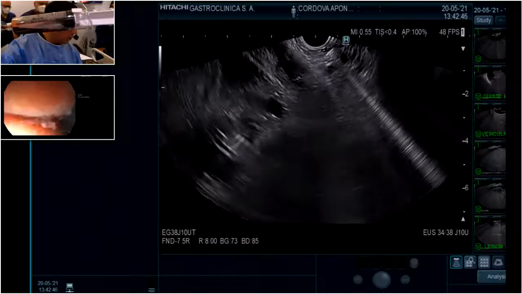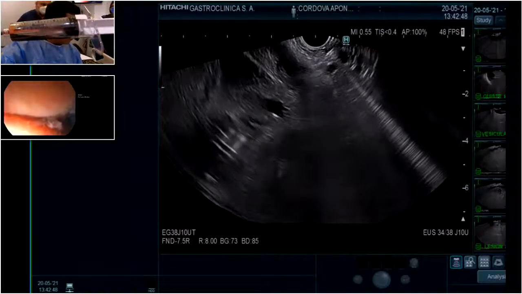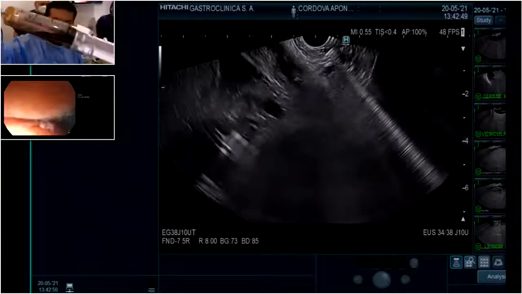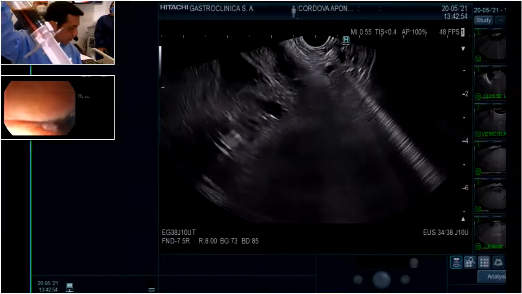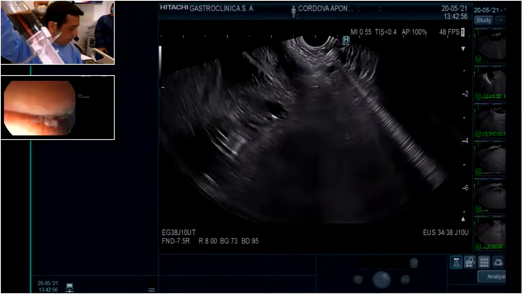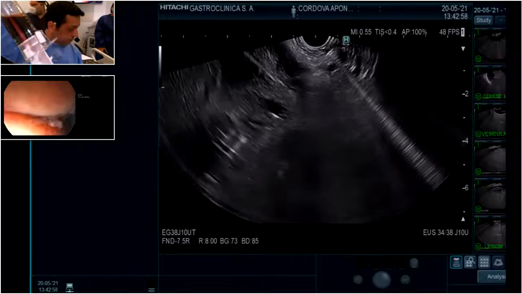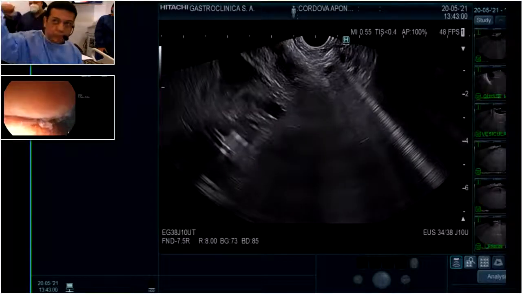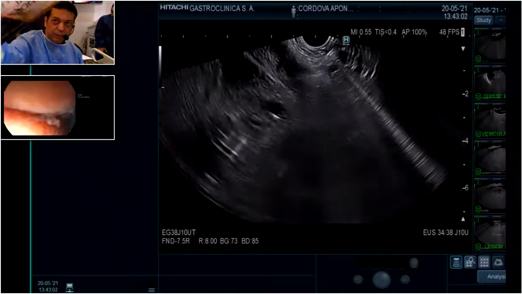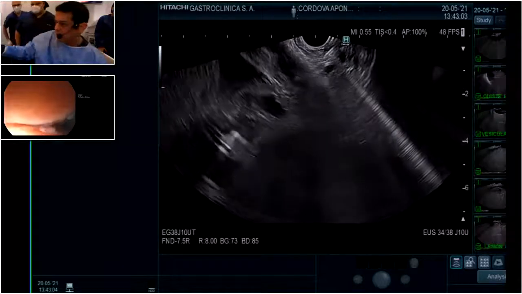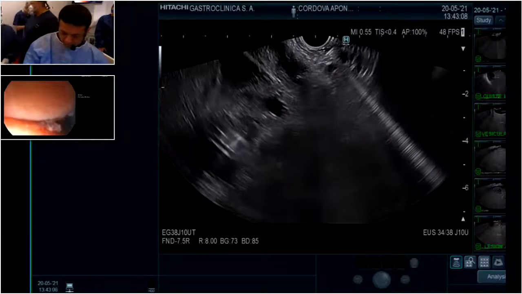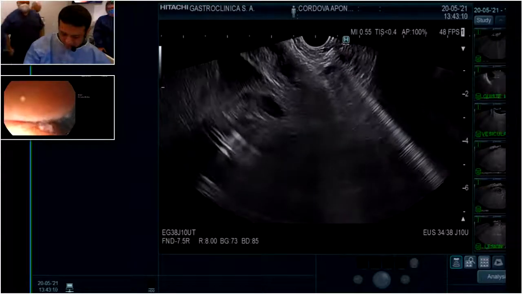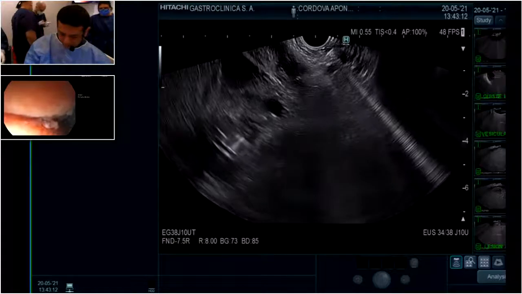This is not blood. This is just liquidification. That's why we don't have any kind of view at the confocal.